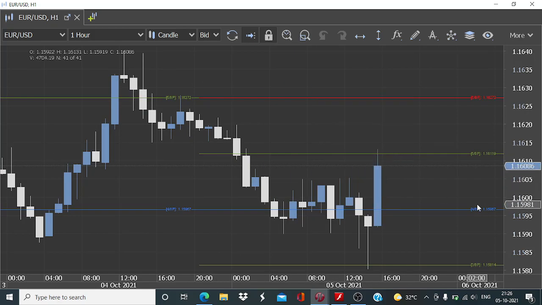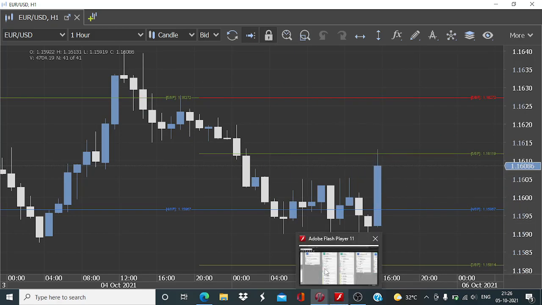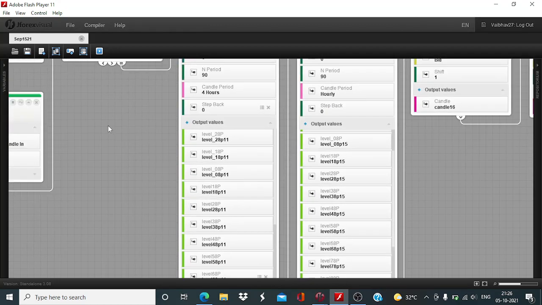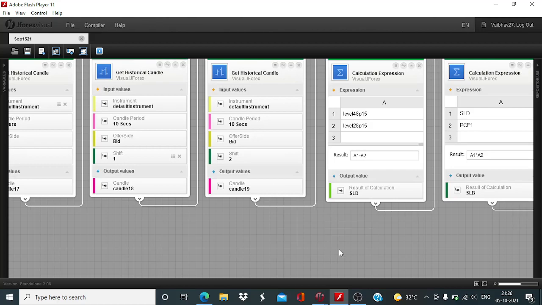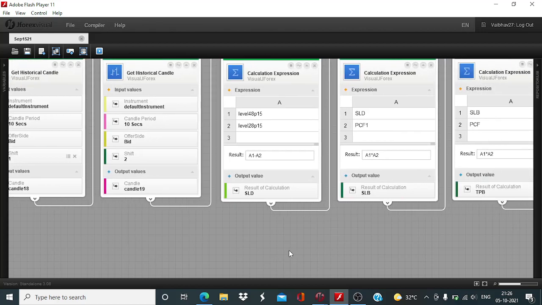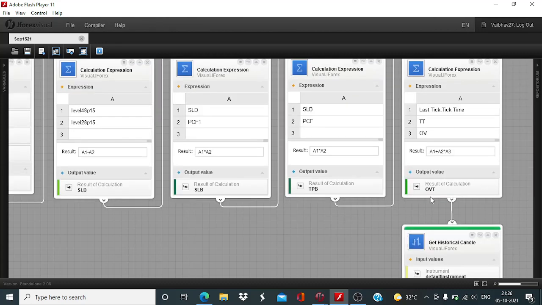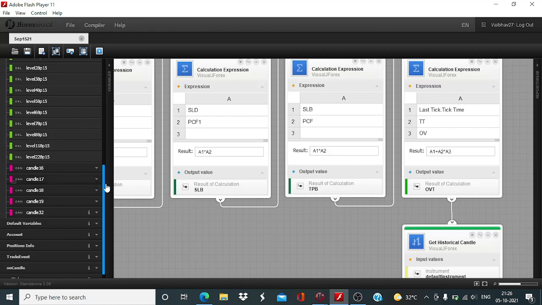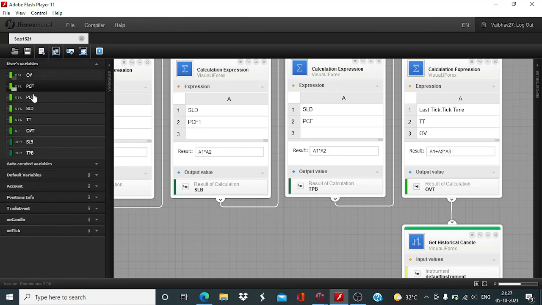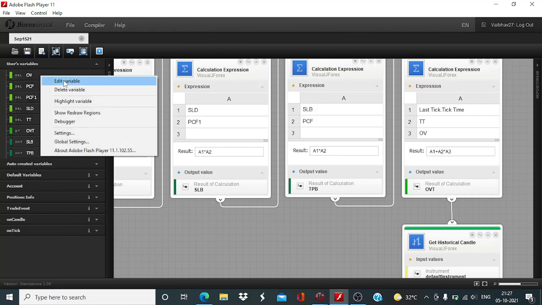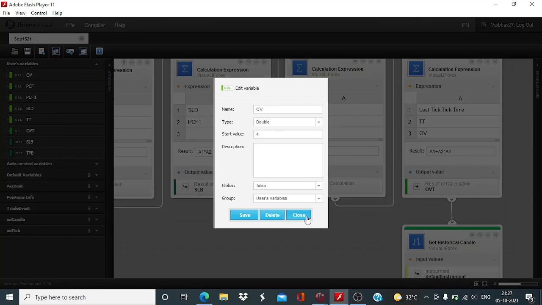So now let us head back to the Visual JForex board. And here, the first thing we will need to do is get the calculation done for defining the stop loss and take profit. The order validity is going to remain the same for both the sides, for buy as well as for the sell trade, and it is defined as 4 hours.